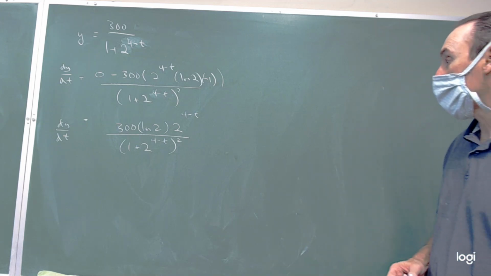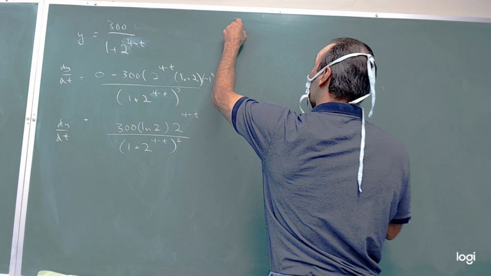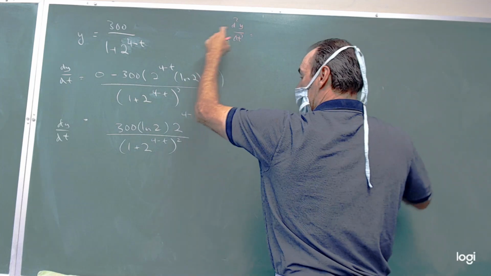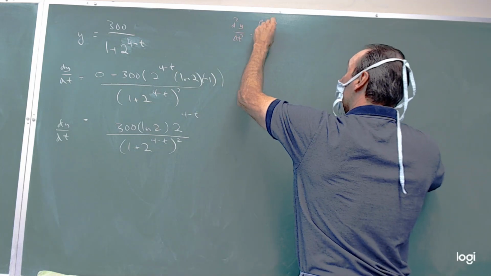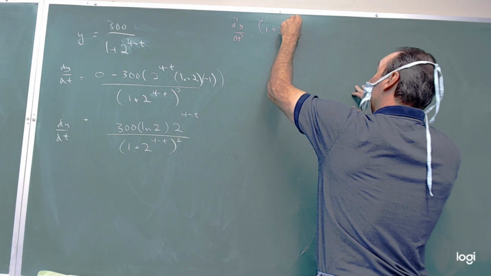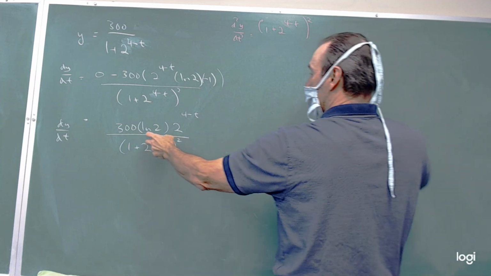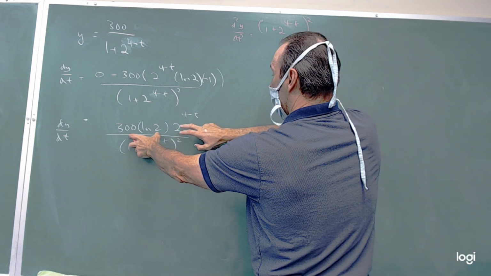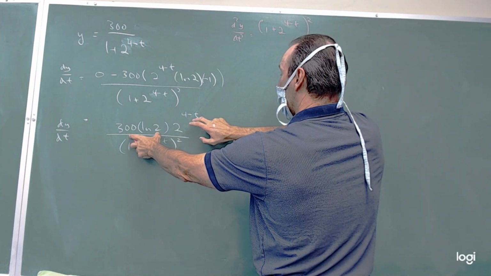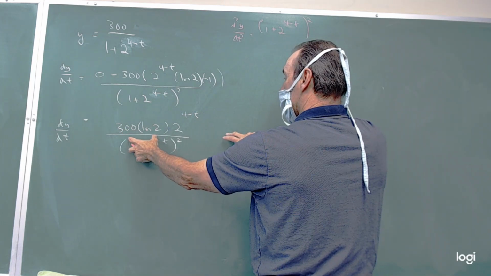Okay, so here we go on the quotient rule. So our second derivative is going to be our denominator, 1 plus 2 to the 4 minus t squared, times, let's see, we're going to again get our 2 to the u times natural log 2 times du times that constant.